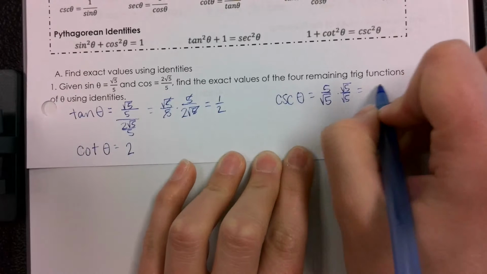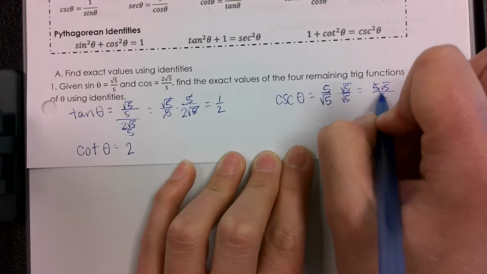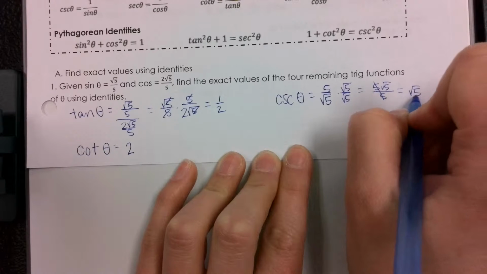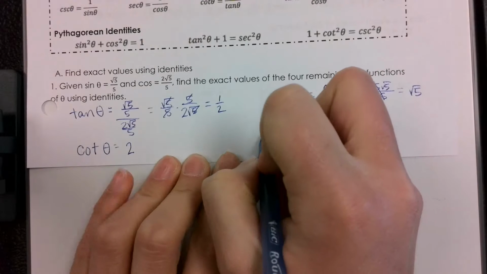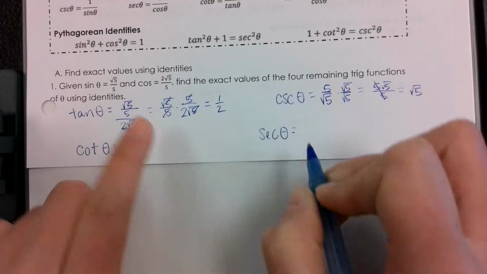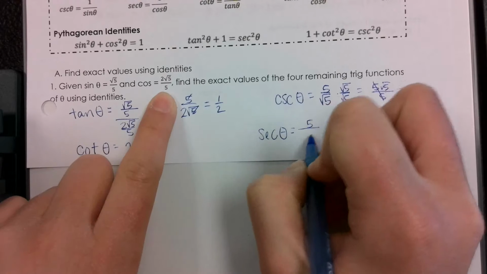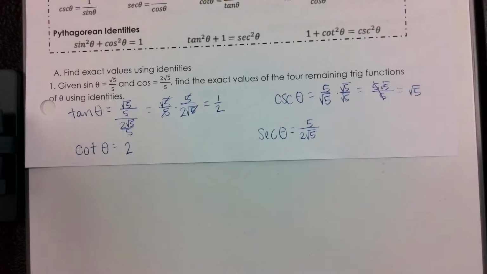So that's going to be 5 square root 5 over 5. The 5's cancel, and we just have square root 5. Then to find secant, we're going to do the reciprocal of cosine. So we'll just flip cosine, so we'll have 5 over 2 square root 5. So again, to rationalize that, what are we going to do?